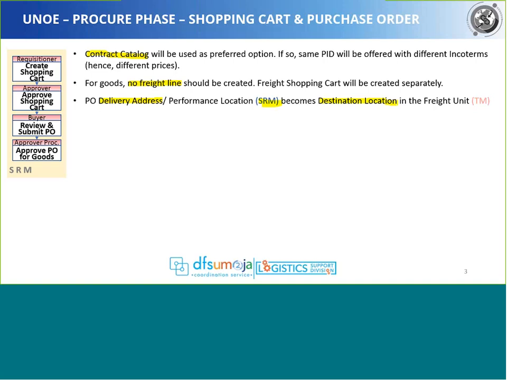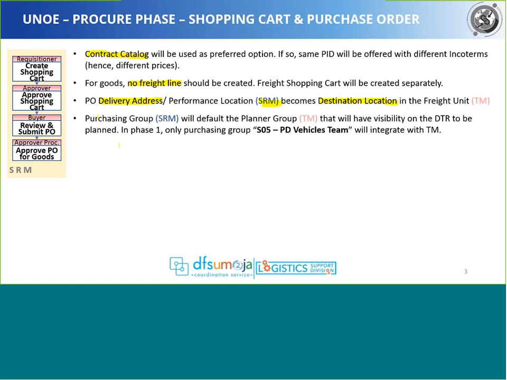All right, and we will be talking about this a little bit more. You need to consider that you need to select an existing delivery address and not use the free text, because otherwise that will cause problems in the routing in TM. Okay, so delivery address is a key field for TM.